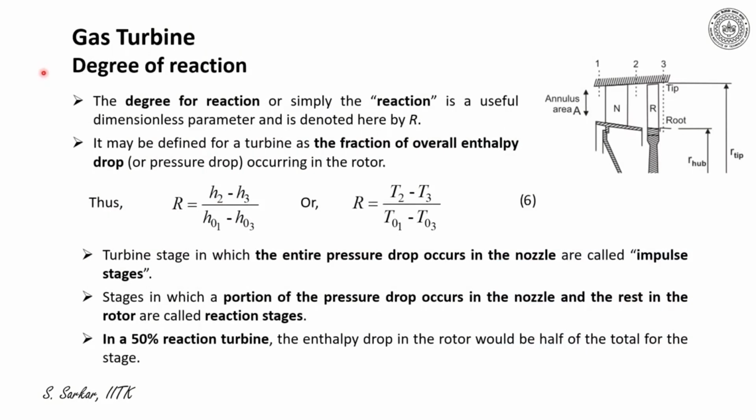To initiate the discussion on degree of reaction of a gas turbine, I present here the schematic of a stage, which consists of a nozzle denoted by N and a rotor blade designated by R. Station 1 represents the inlet to the nozzle, station 2 indicates the exit from the nozzle and entry to the rotor, and station 3 indicates the exit from the rotor.